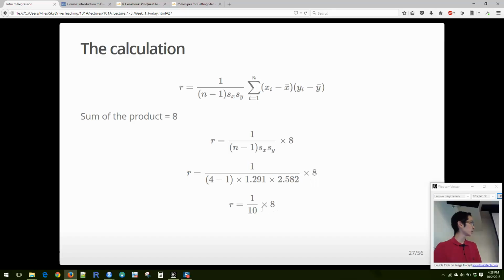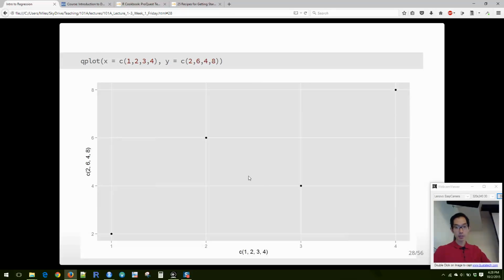When you multiply this out, you get 1 over 10, and so r is 0.8. That is the correlation coefficient between x and y when we're looking at bedrooms and closets in our simple fake data set.